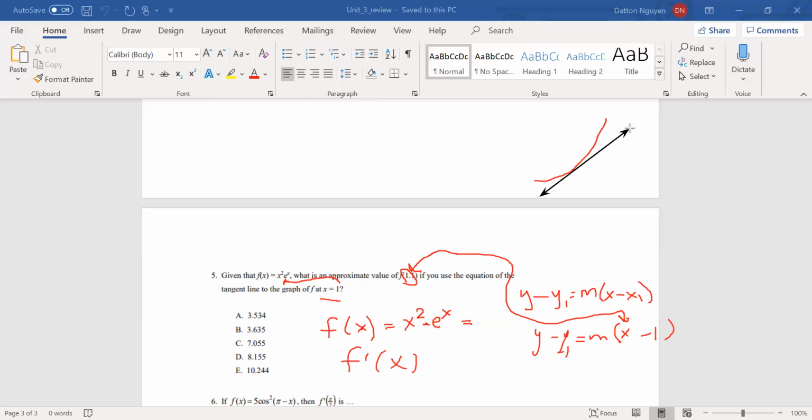So let's say this was my point right here that I found. That's the tangent line to the curve. I'm going to take this line now and move it up just a little bit higher to the next point close to it, over here.